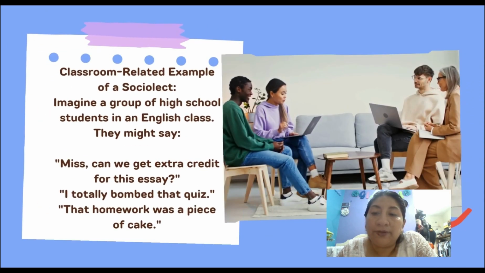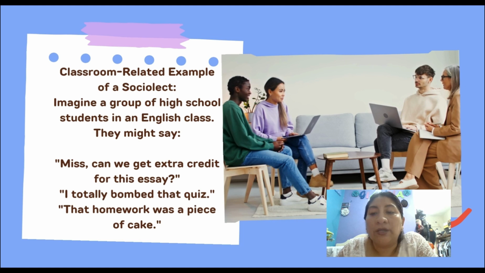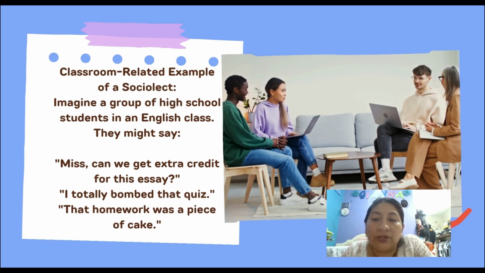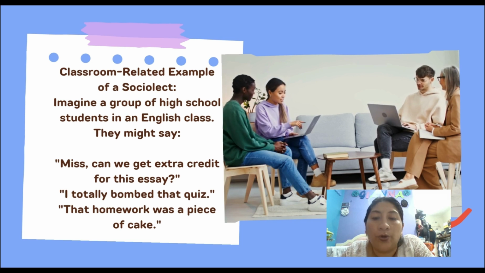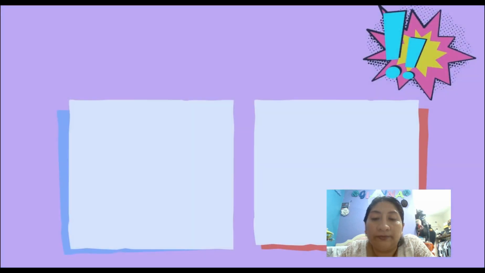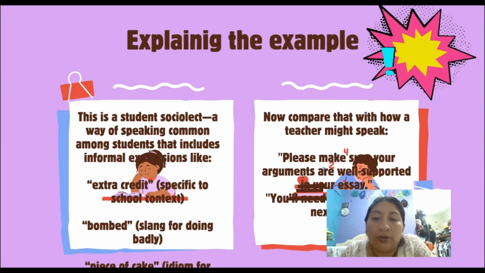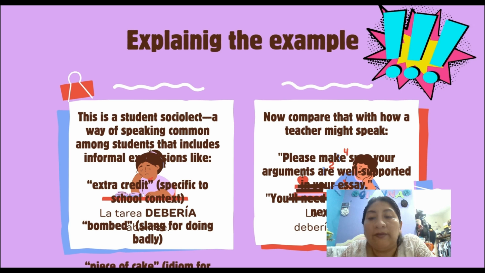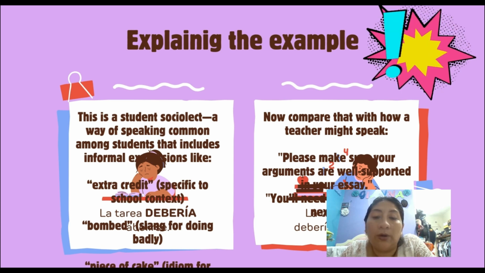Sociolects are different from dialects, which are more about where you're from. Basically, sociolects are about who you are socially and the groups you identify with. For example, the words, phrases, or even the tone you use with your friends versus when you are speaking to your teacher. Let's look at a classroom example.